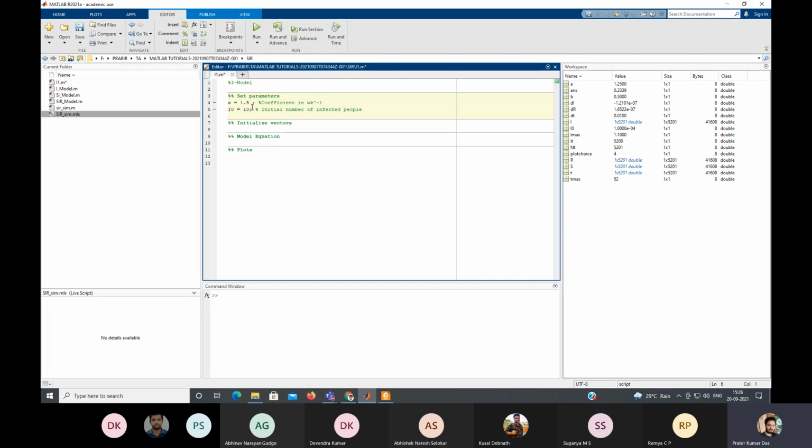Then we have to plot it. So we have to make our time axis. So what should be our maximum time? We take the max also.